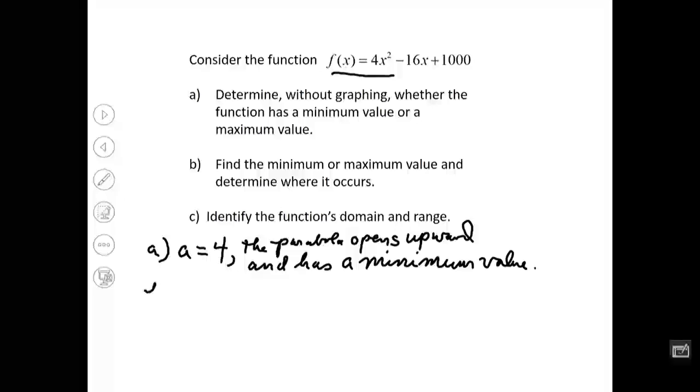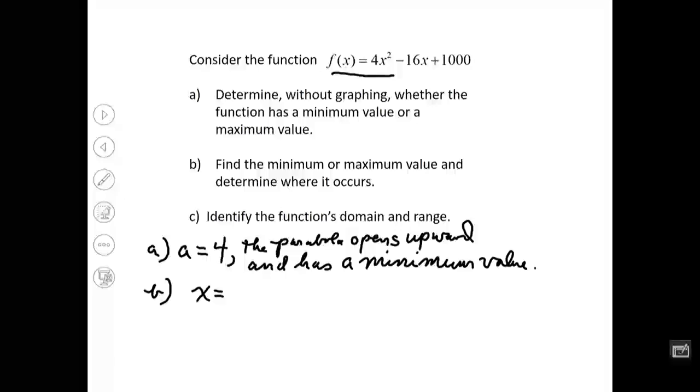Part B, find the minimum or maximum value and determine where it occurs. Well, we've decided that it's a minimum. How do we find that minimum? We want the coordinates of the vertex.